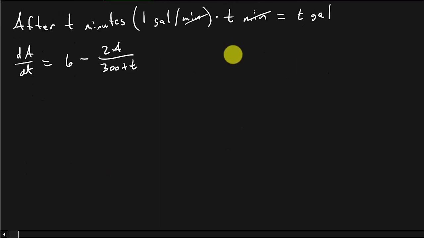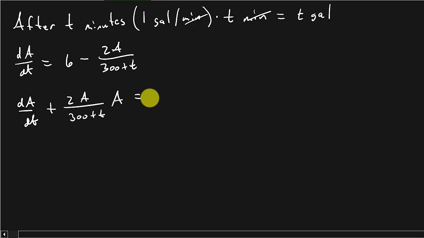All right, and so we have a differential equation, dA/dt plus 2A over 300 plus t equals 6. I like separating the A.